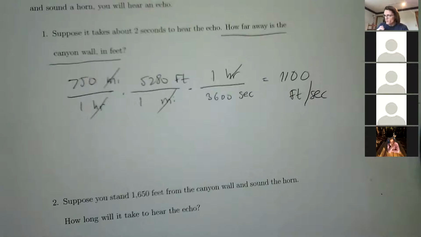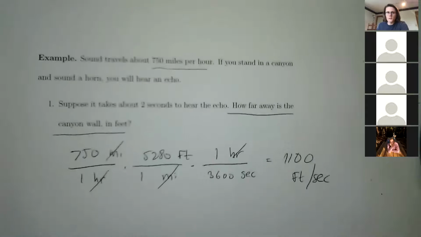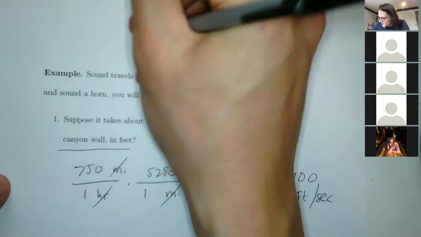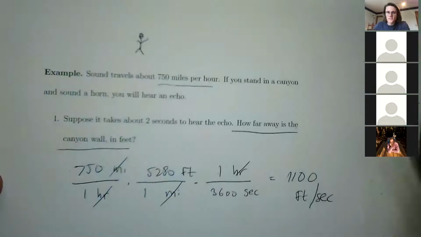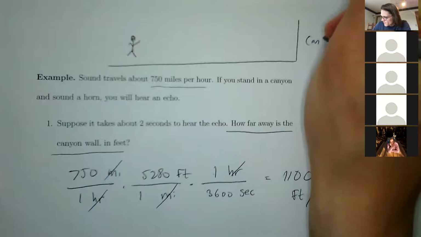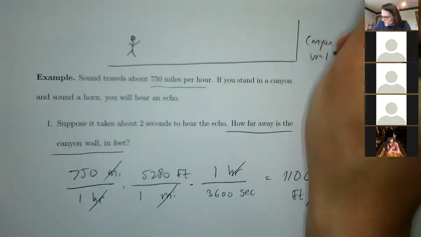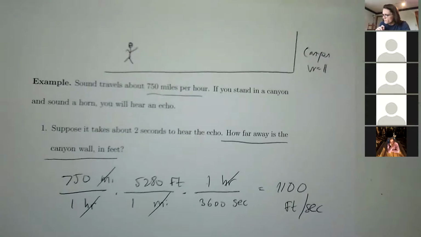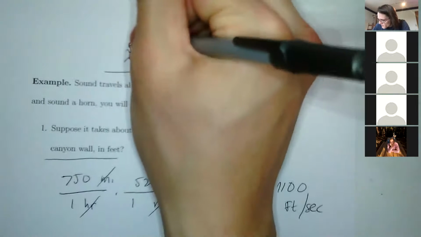we'll see. So let me draw a picture up here. So like you're here. This didn't occur to me until just now. And this is the canyon wall. Right, so you have a horn. There's your horn.